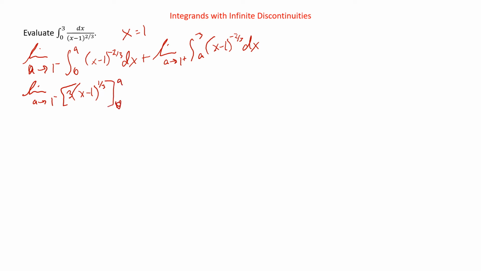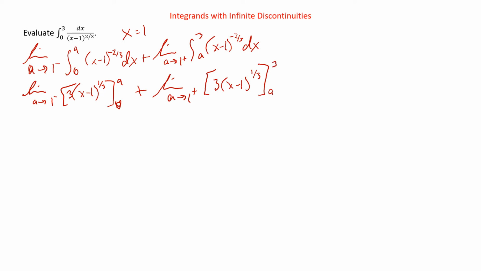0 to a plus limit as a is going to 1 from the positive side. It's going to be the same deal. We're going to have 3 times x minus 1 to the 1/3 from a to 3.